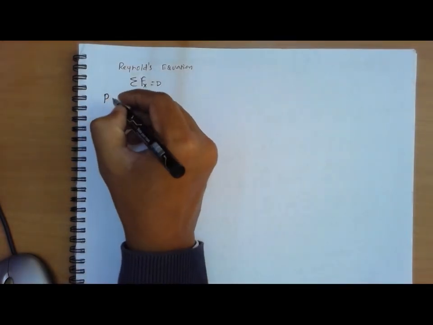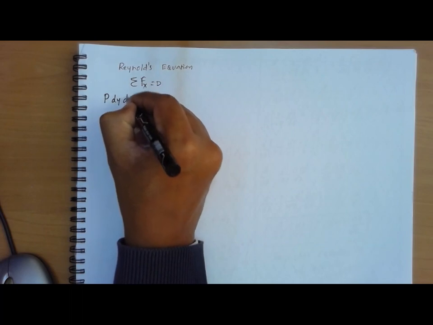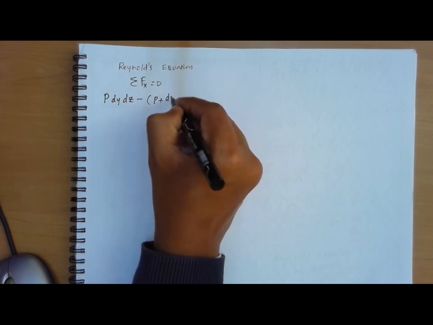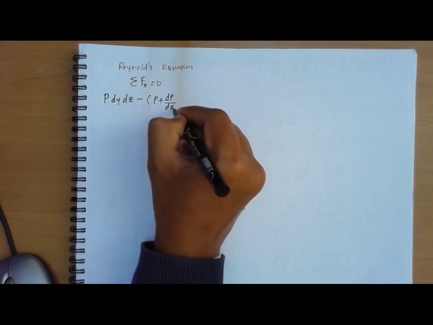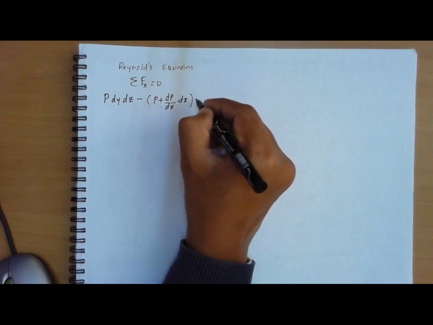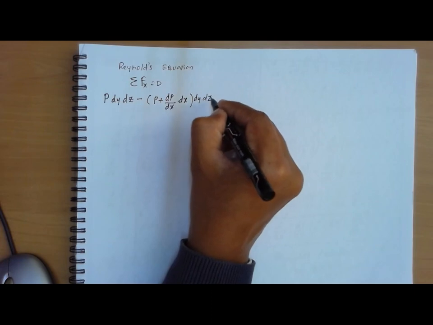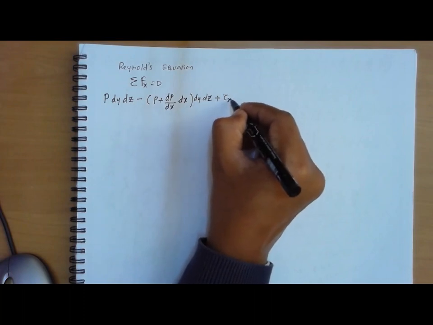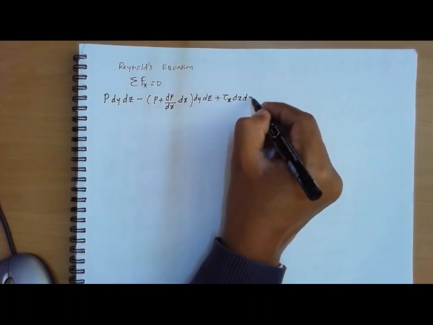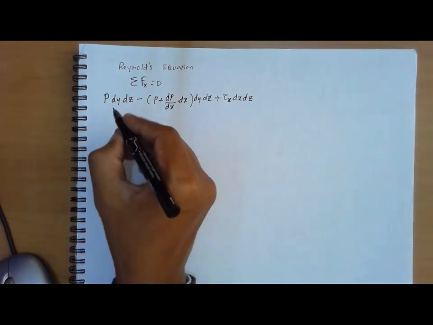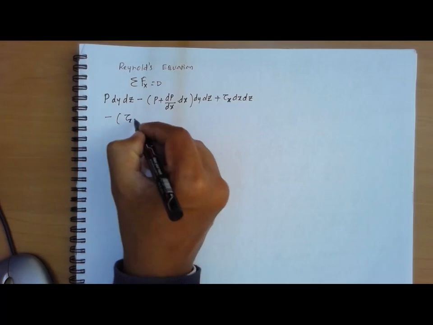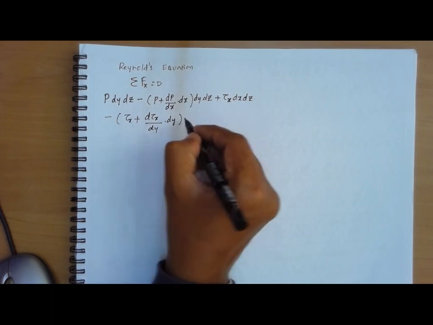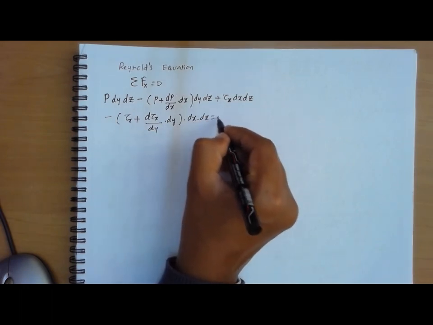So P into dy dz, minus (P plus dP by dx into dx) into dy dz, since it is the x direction and we consider the y and z plane, plus the shear stress tau x into dx dz, since it is acting in the y plane, minus (tau x plus d tau x by dy into dy) into dx dz, which equals 0.